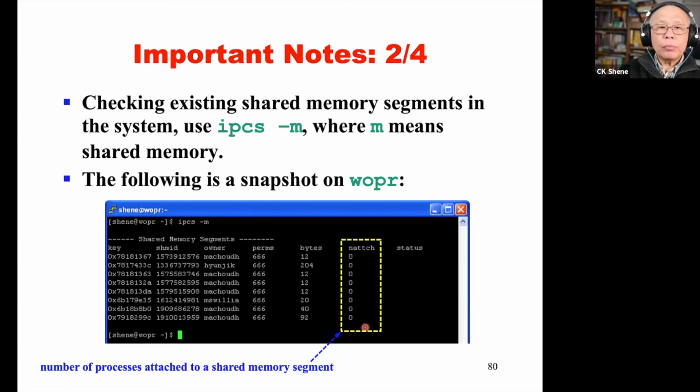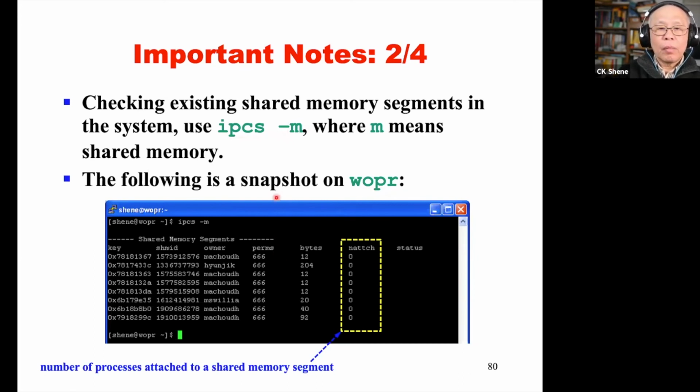So how do you check shared memory? Use ipcs -m. It will list all shared memory in the system. So here is a snapshot. When I log into the server Whopper, I am not sure whether Whopper is still there because when I try to access it, I always get denied.